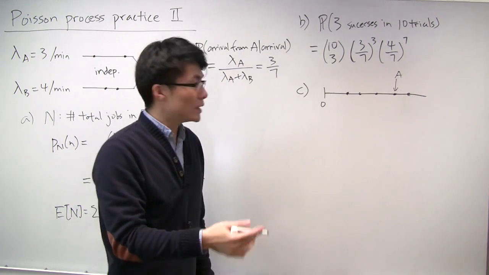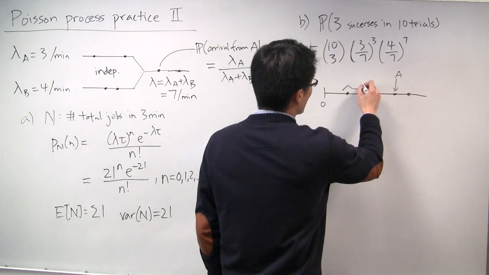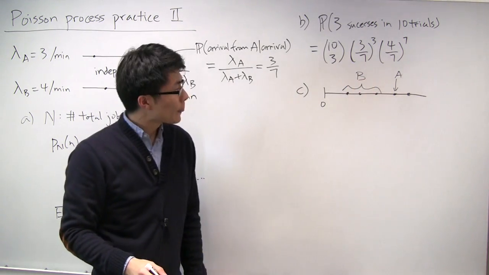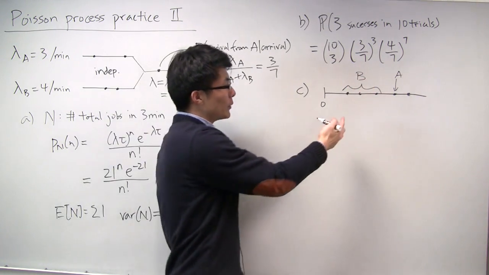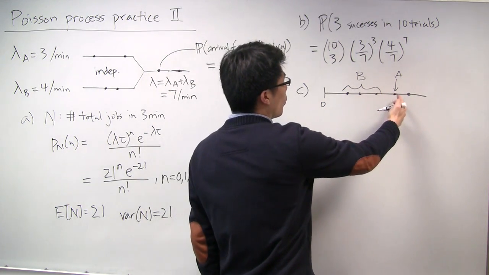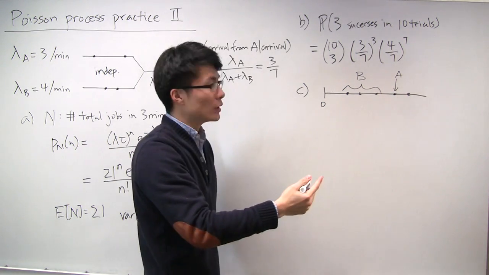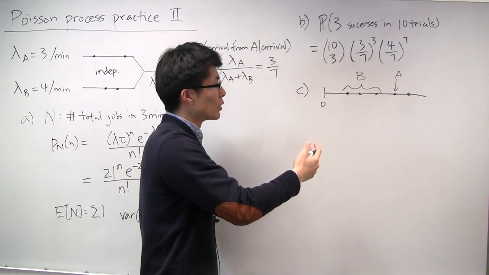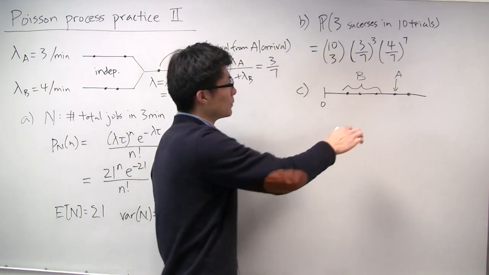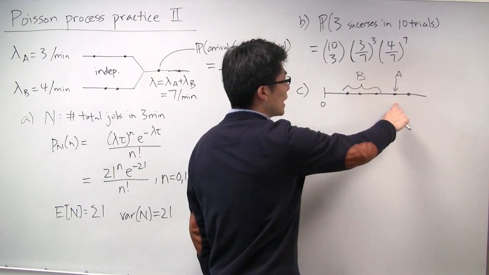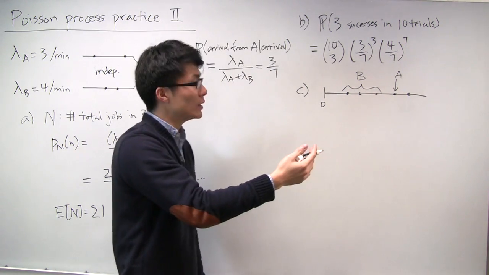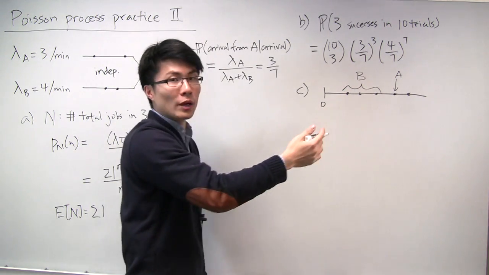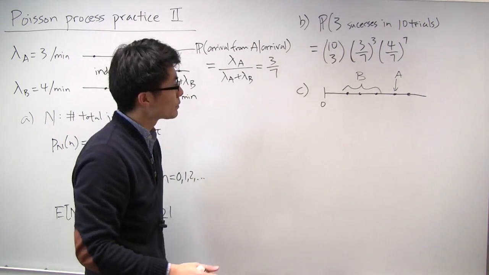Well, what that immediately tells us is that these 3 prior arrivals were all of type B. And so what we can take away from this is that once we know when the first type A arrival occurs, that tells us immediately how many type B arrivals there were before that first type A arrival. And that's exactly the quantity that we're trying to find the PMF of.